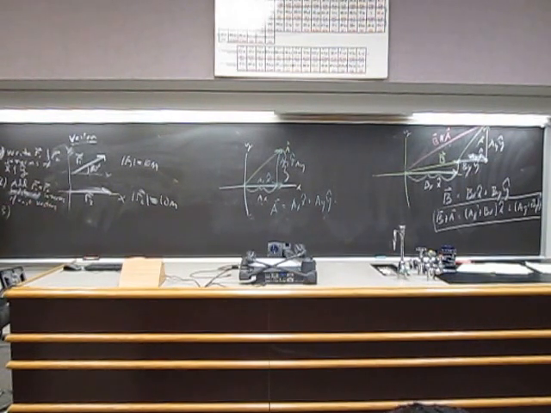Finally, 3, what angle does R1 plus R2, that vector, make with respect to the x-axis? All right, so those are 3 little quick problems. See if you can do these, okay?